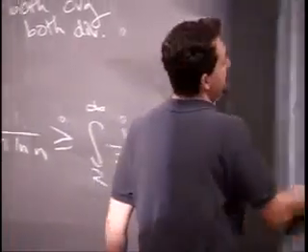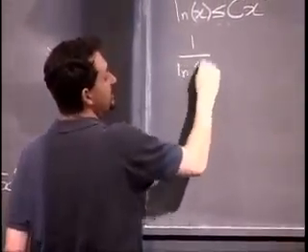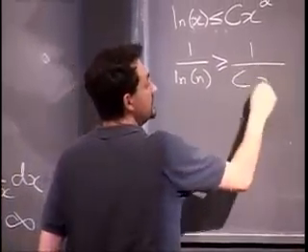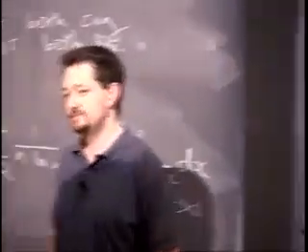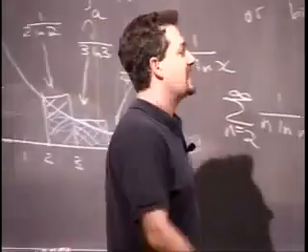So, for example, if you have a sum involving 1 over log n, you could use, if it was necessary, the fact that this is greater than 1 over c n to the alpha, where you get to choose the alpha. That's an example.